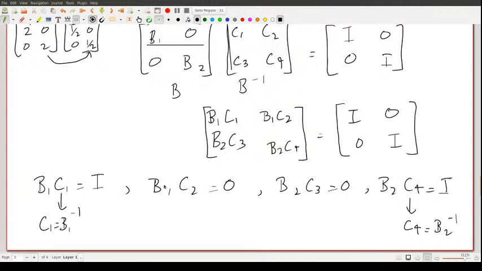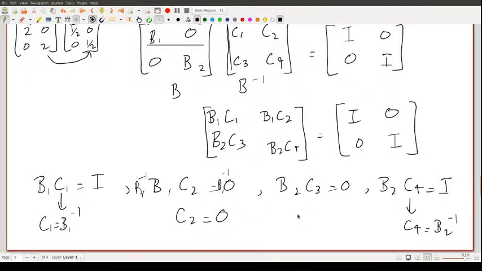If B1 is invertible, if we can get the inverse of B1, I can just multiply it on both sides and get the equation that C2 is simply 0. I get that by multiplying B1 inverse on the left-hand side of this equation. This becomes the identity matrix, so it's just C2, and any matrix multiplied by the 0 matrix gives me the 0 matrix.